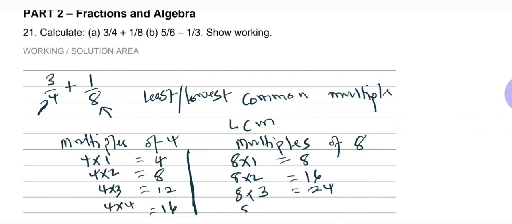And then 8 times 4 is what? 32. So we have found the multiples of 4 and we have found the multiples of 8.